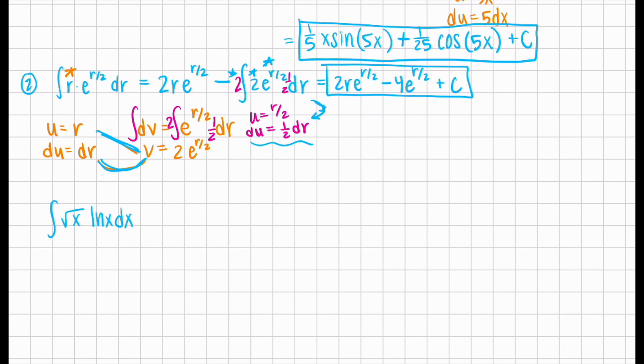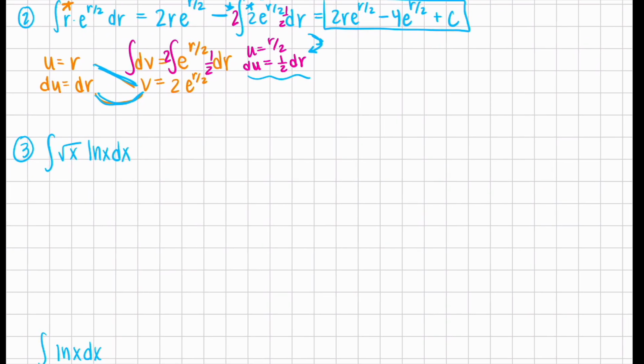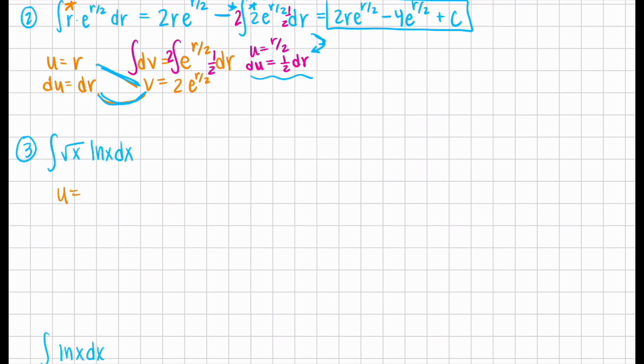Let's do another example. So example 3. Again, we need to choose our u and our dv. So u needs to be something that we can take the derivative of. dv needs to be something that we can integrate. Now, as of right now, we don't know how to integrate natural log.